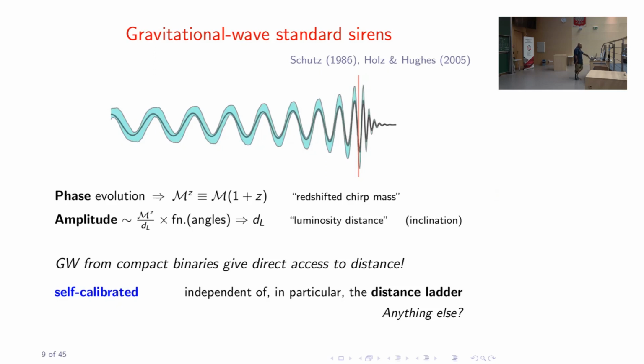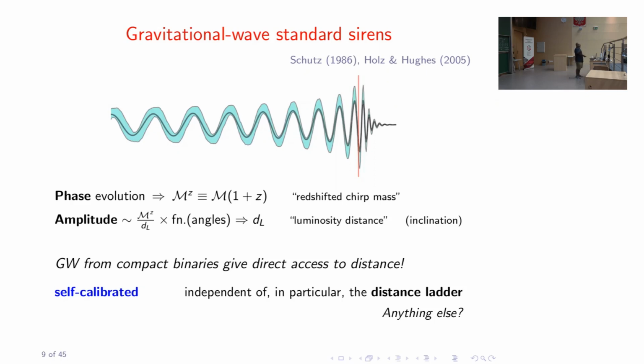Because we are sensitive to phase, we can already obtain some estimate of the redshifted chirp mass. This is not a power, this is a superscript, which is just the chirp mass times 1 plus z. The phase evolution just tells us the redshifted chirp mass.